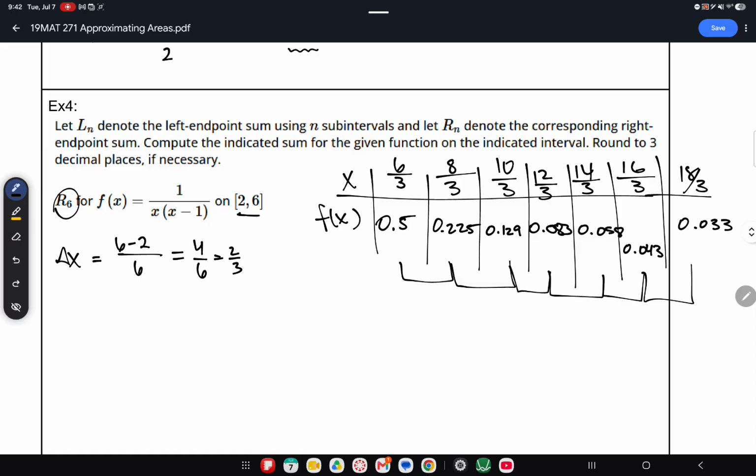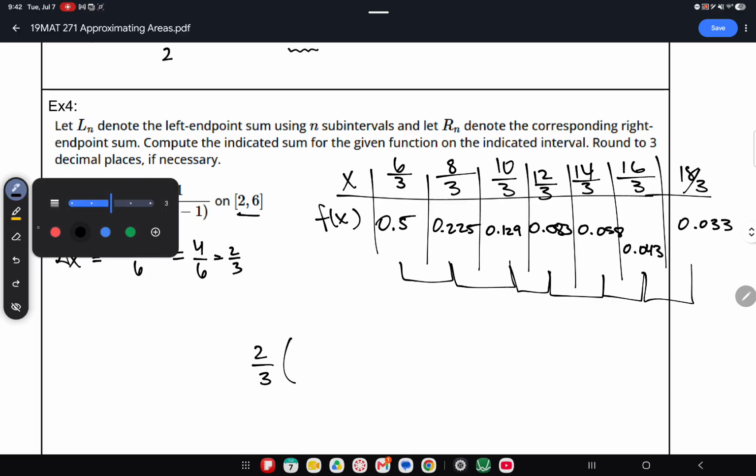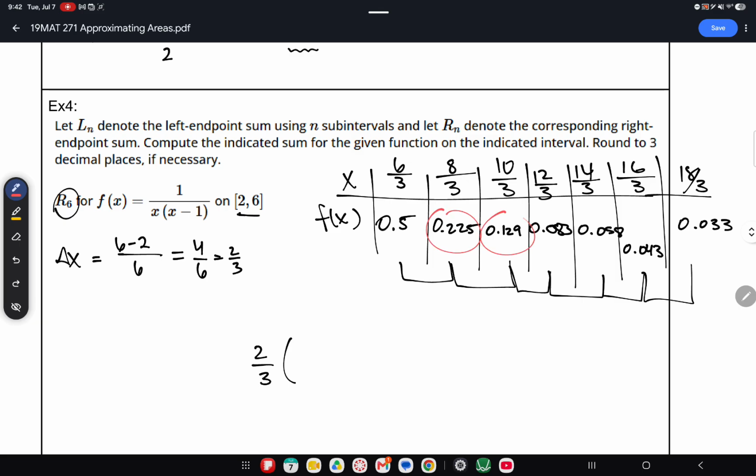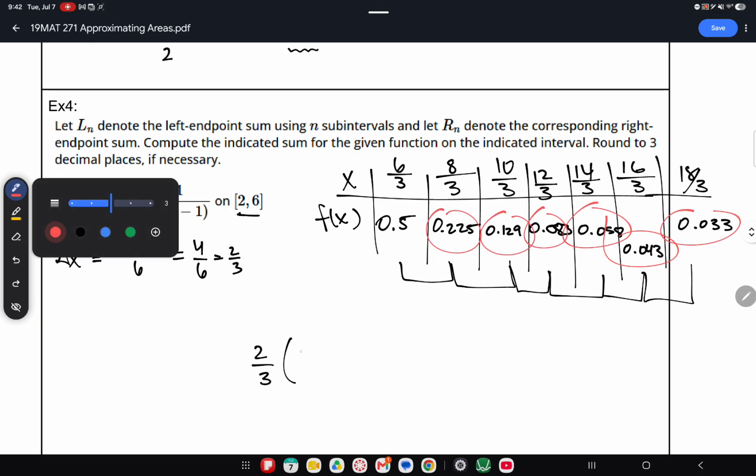Okay. So we know the width of the rectangle is 2/3. And then we want the right endpoint for all of these, so I'll just circle it in a different color: 1, 2, 3, 4, 5, 6. And then we'll just add all those up.